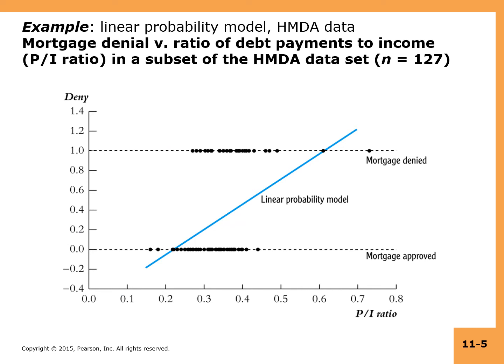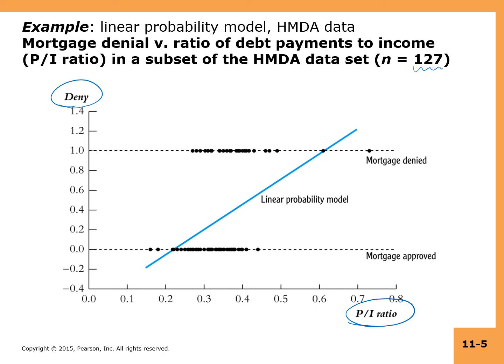In this plot, we're plotting the payment to income ratio against the denial probability, using a subset of the HMDA data set. Instead of the full 2,000 observations, we only have 127 observations in this case.